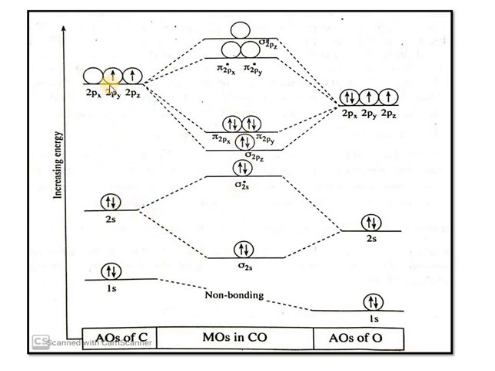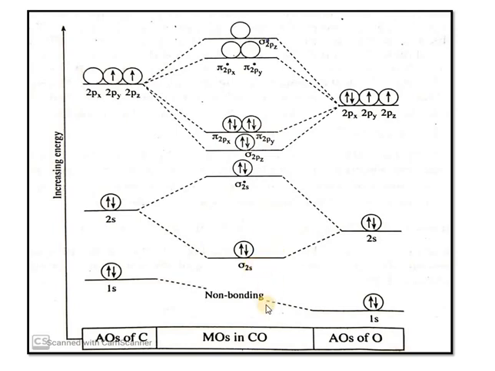Similarly, the 2p orbitals of carbon and the 2p orbitals of oxygen can combine to give the bonding molecular orbitals sigma 2pz, and the pi 2px and pi 2py molecular orbitals.